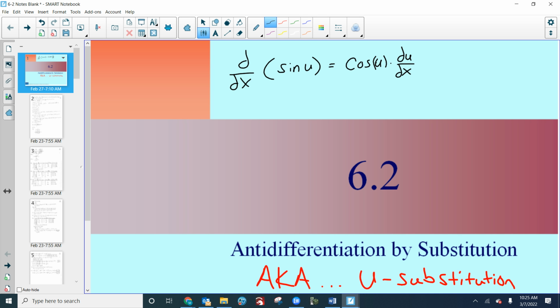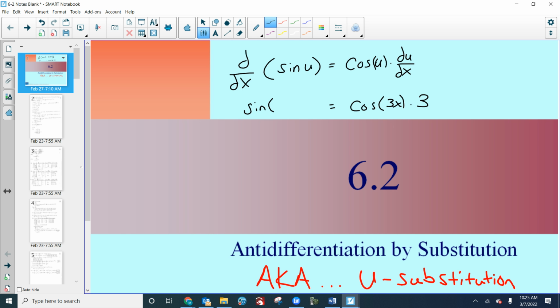So, do you remember last week? What if I see a cosine of 3x times 3? What did that come from?